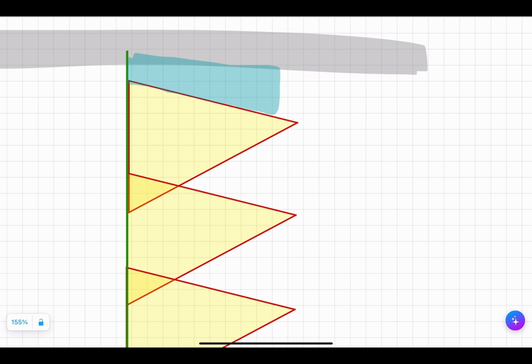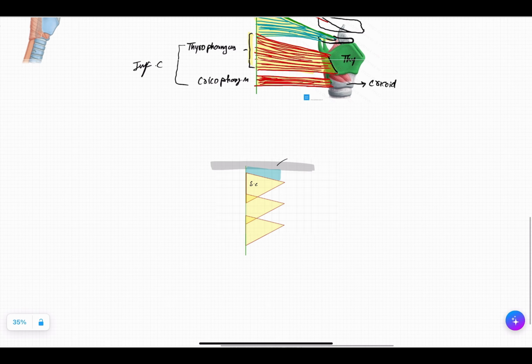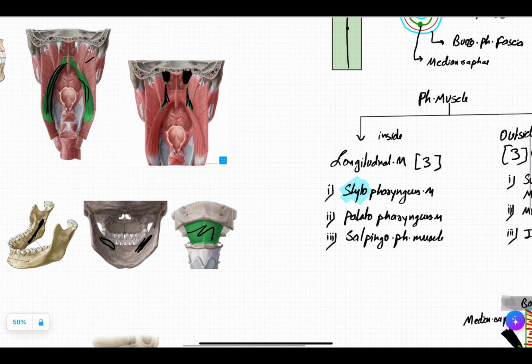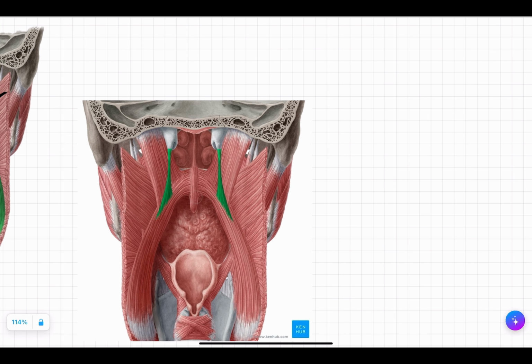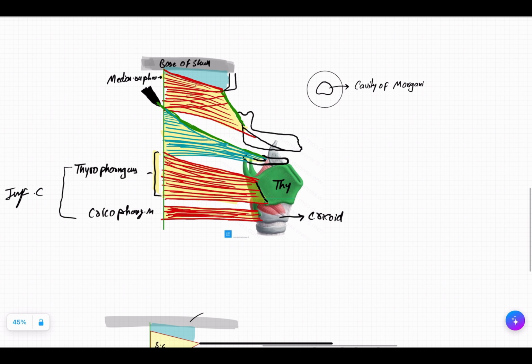So between the base of skull and the superior constrictor, you have a few structures. Remember I told you the Eustachian tube here? You see? The Eustachian tube is present in the upper part here. So yes, one content is the Eustachian tube.